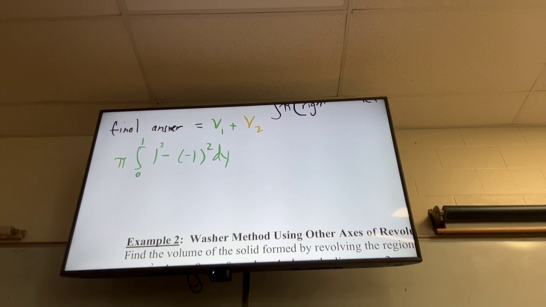That one's not too bad. That'll give me pi times 0 to 1. What is that? 0? No, that's not 0. That's 1 squared minus -1 squared.